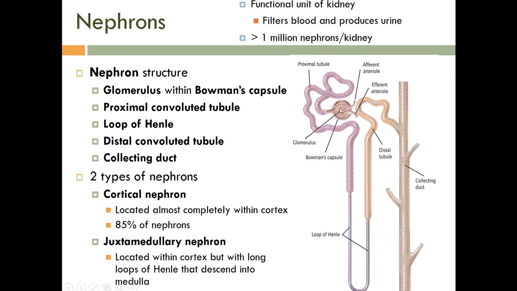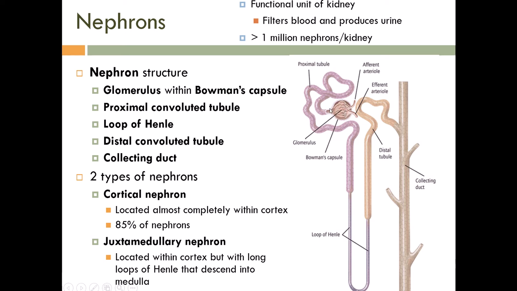They consist of the glomerular capillaries, surrounded by the Bowman's capsule. So it's a particular capillary bed that is then surrounded by a capsule, and that's what filters the blood.